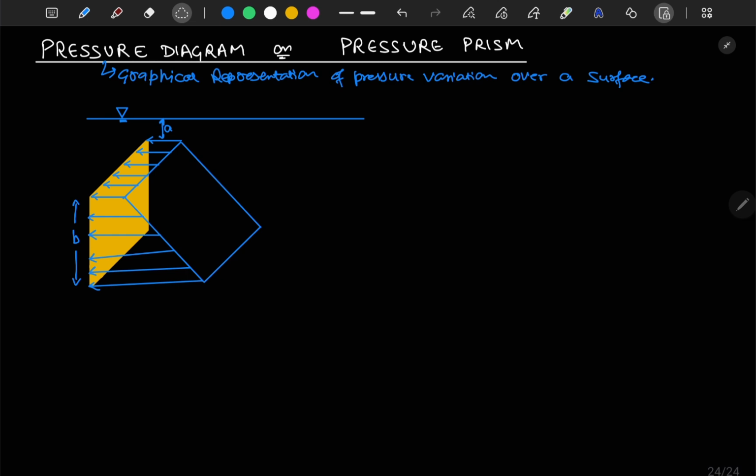If I draw a dotted line here first, this line will correspond to this corner.